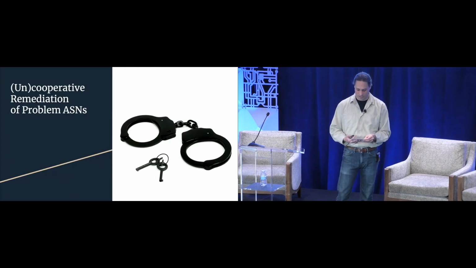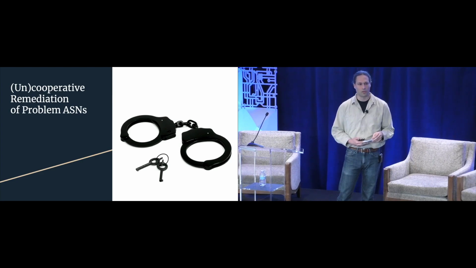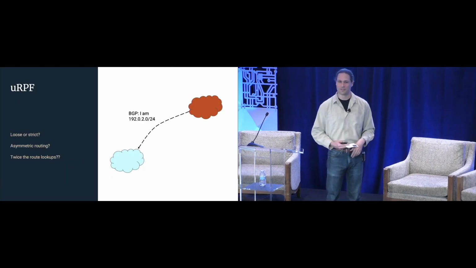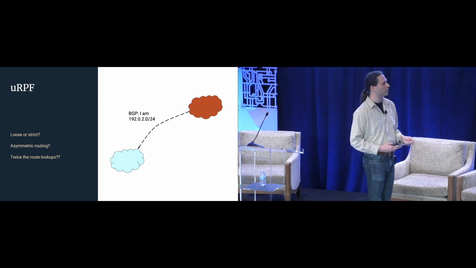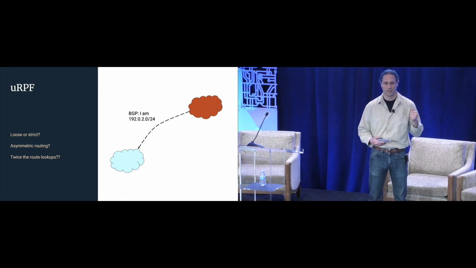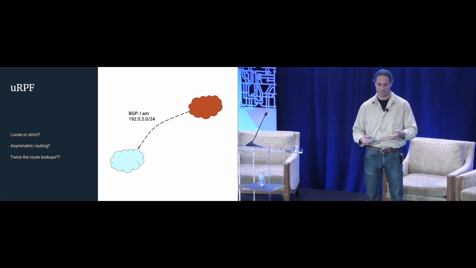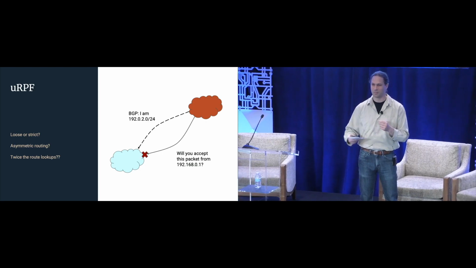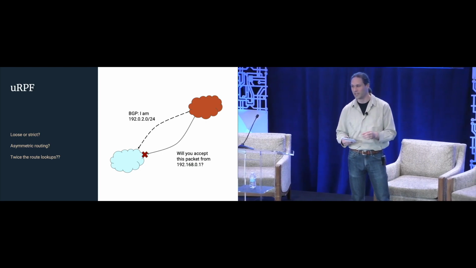So obviously, lots of ASs will clean up if they're aware of the problem, but what if they don't? Now what? Well, there's been a lot of study into this area as well. One idea is uRPF. The idea here is that you see a peer advertising that they own a particular range, and then they ask, hey, will you accept a packet from a different range? And you say no, right?